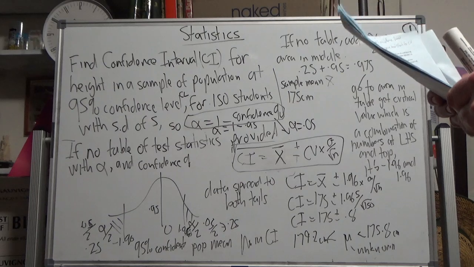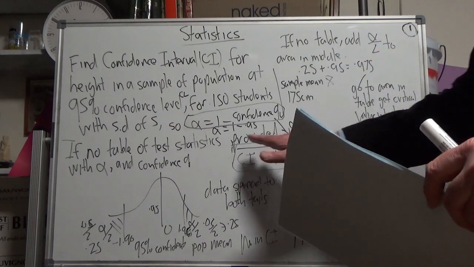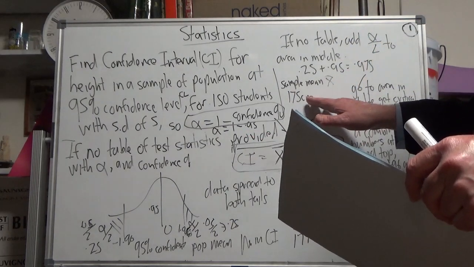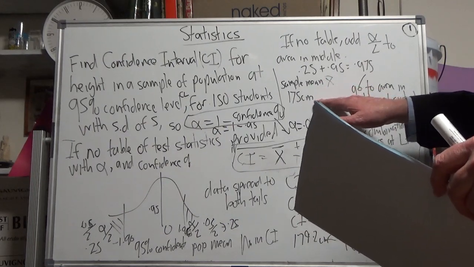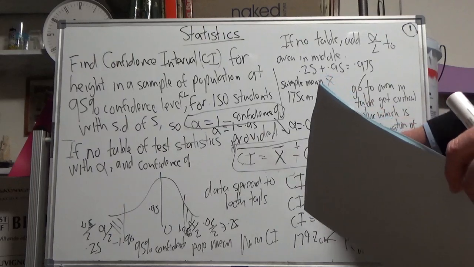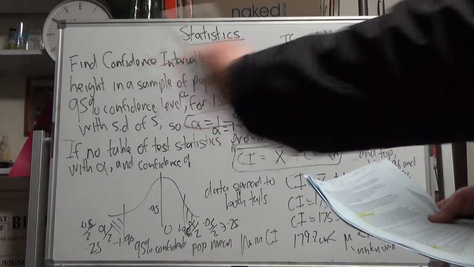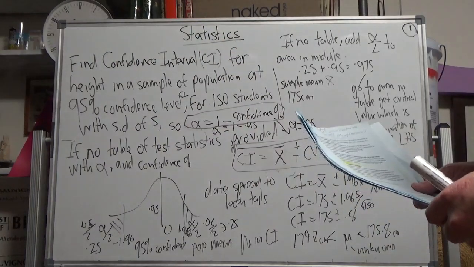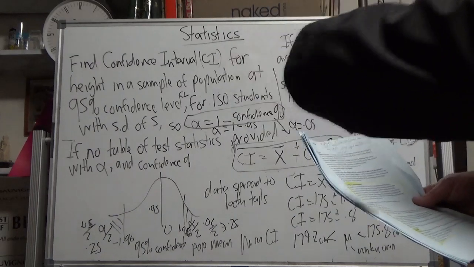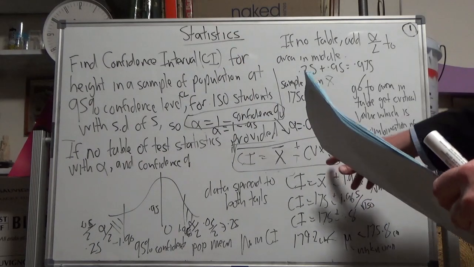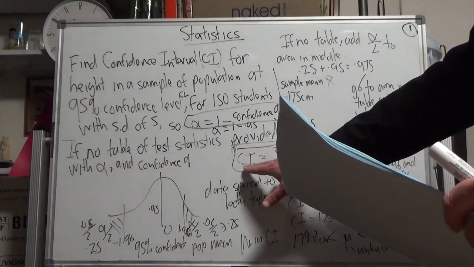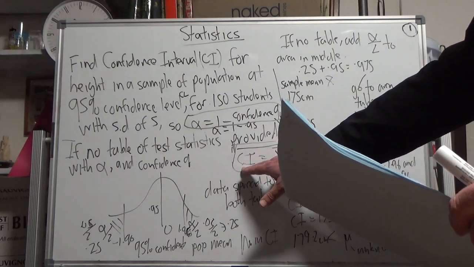We know the sample mean, x-bar, is 175 centimetres. We know the standard deviation, the spread of the data from the population mean, is 5 centimetres. So that's the formula for a confidence interval, what we're trying to find.